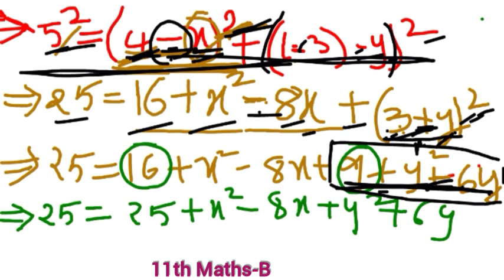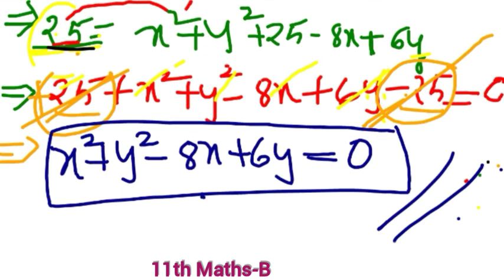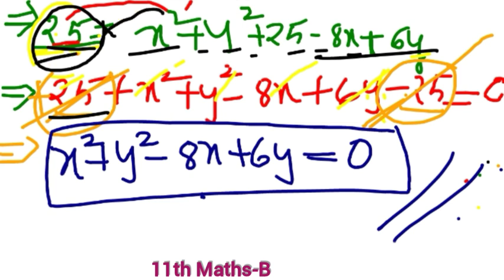Next we are adding these two constants. 16 plus 9 is equal to 25, so 25 plus x square minus 8x plus y square plus 6y as it is. Next, 25 is equal to x square plus y square plus 25 minus 8x plus 6y. Now we send this 25 to the right side, RHS.